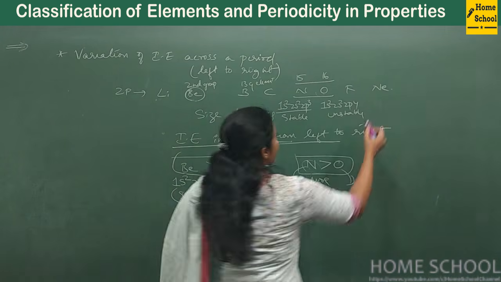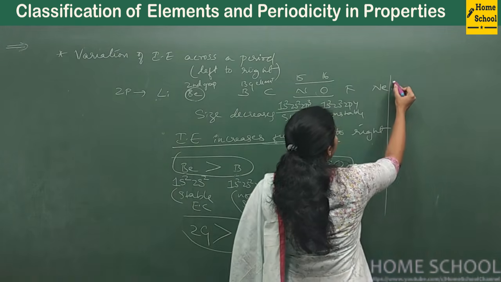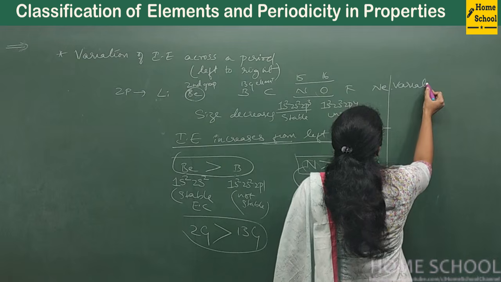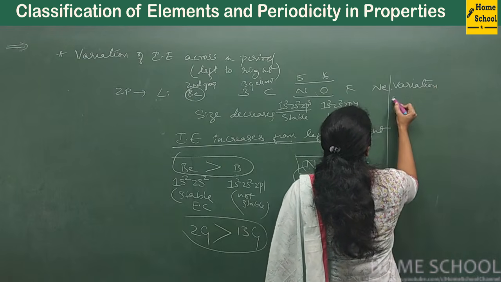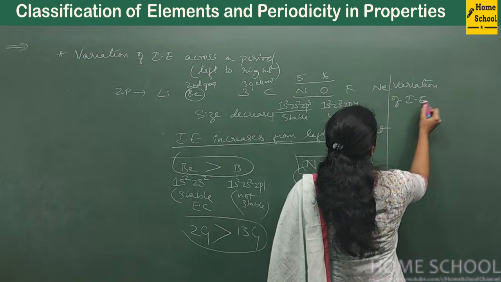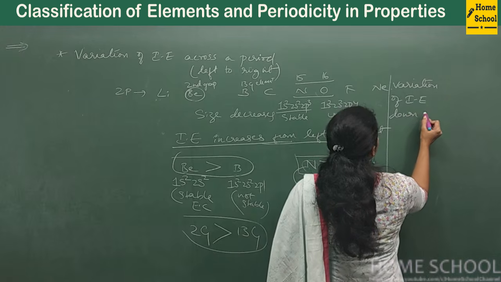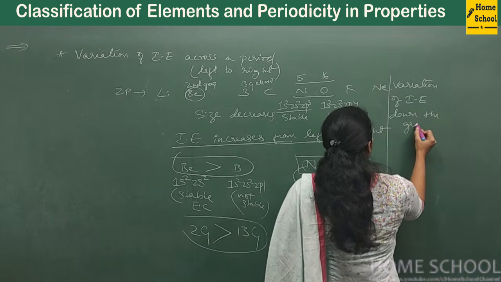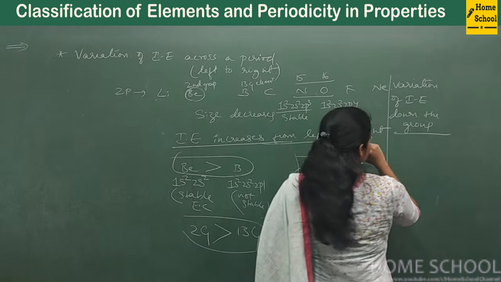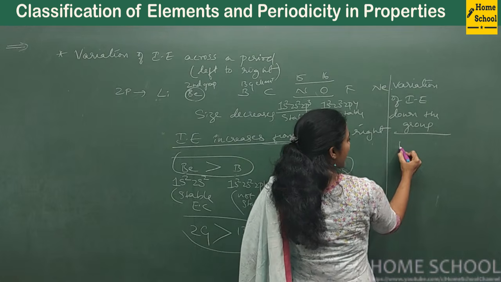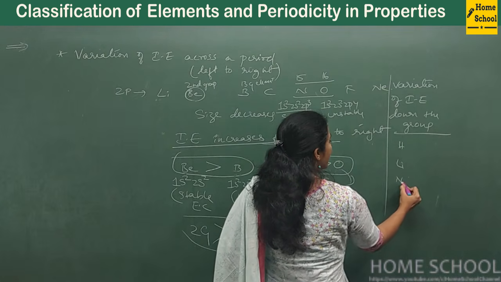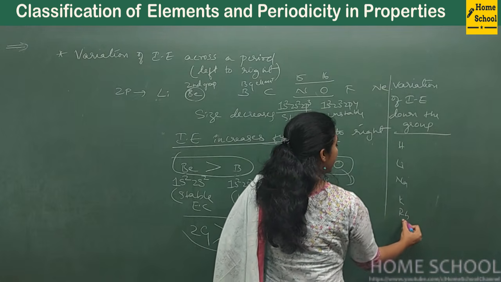Okay, fine. So now the next point is variation of ionization energy down the group. Usually let me consider the first group elements: hydrogen, lithium, sodium, potassium, rubidium, cesium.